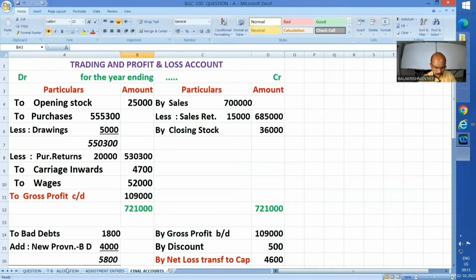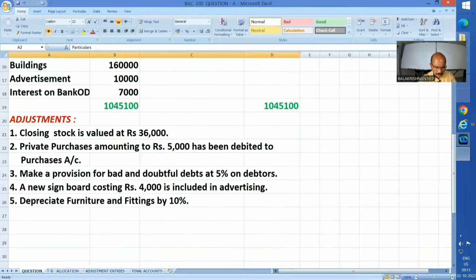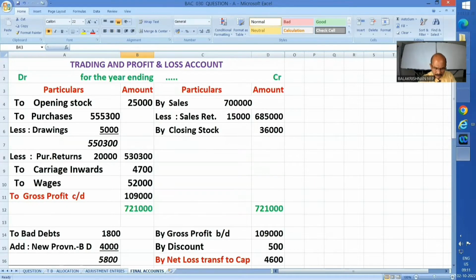Drawings, 5,000. We have been told 5,000 rupees of purchases has been utilized for private purpose. So that has been adjusted here, which I already explained to you. Then purchase return as usual, I made a deduction, and this is the net value of the purchase. Similarly, sales subject to sales return, and this is the net value.